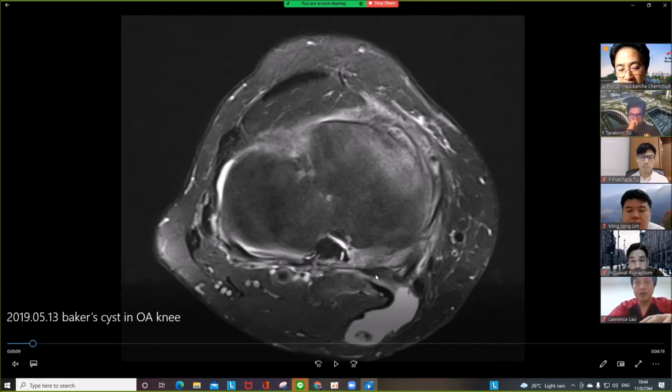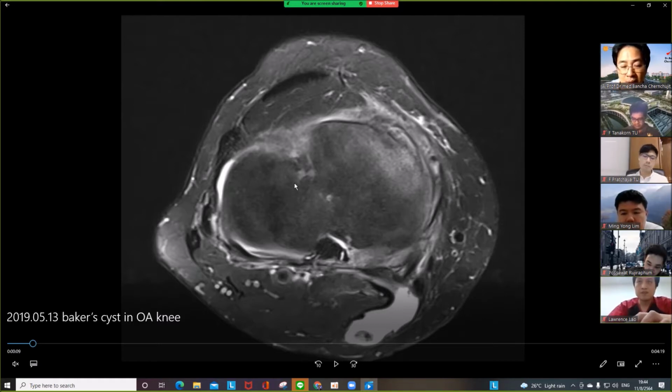What is that? The medial gastrocnemius and the semimembranosus. So that is the medial side. This is the semimembranosus, and that is the medial head of the gastrocnemius. So it's coming between the medial head of the gastrocnemius and the semimembranosus.